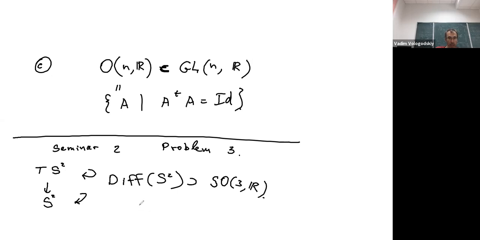So what is TS2? Explicitly, it can be viewed as a subset of pairs (P, V), where P is in S2 and V is in R3, such that V belongs to the tangent space to the sphere at point P, which means that the dot product of P and V is 0.